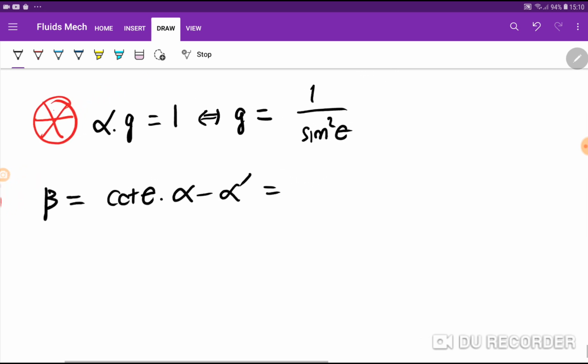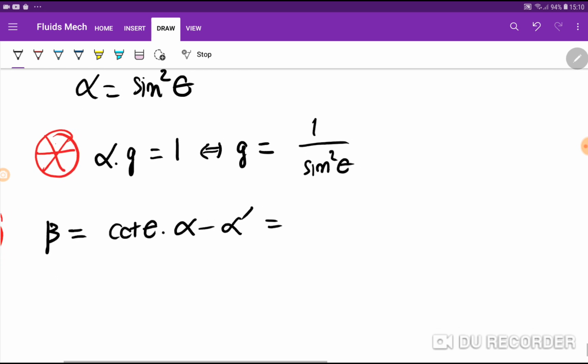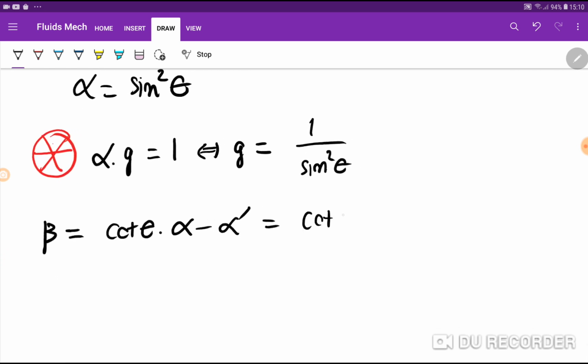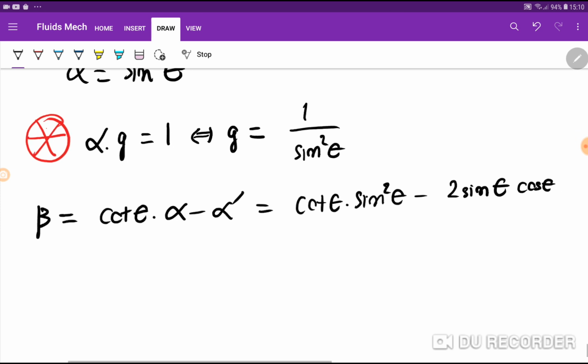Alpha is sine squared, so cotangent theta times sine squared theta minus the derivative of alpha, which is obviously, by chain rule, 2 sine theta cos theta.